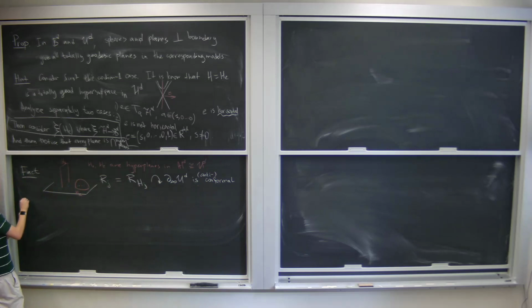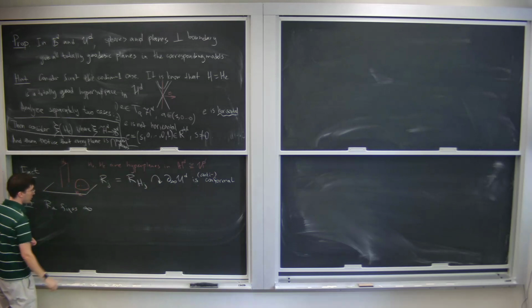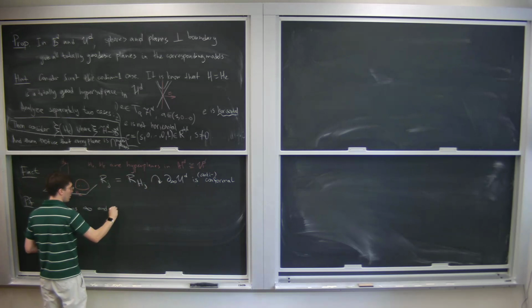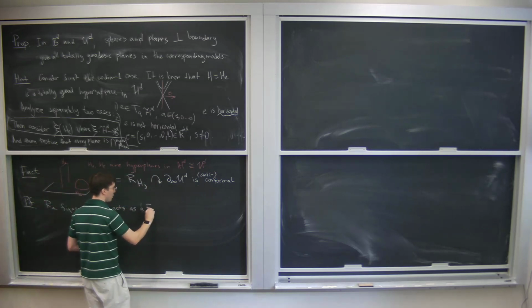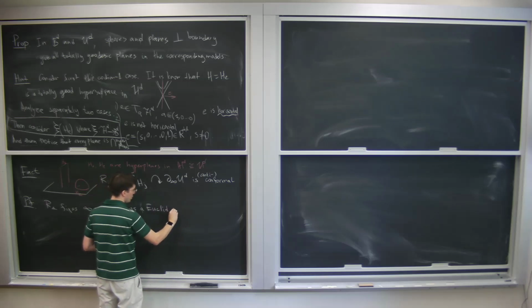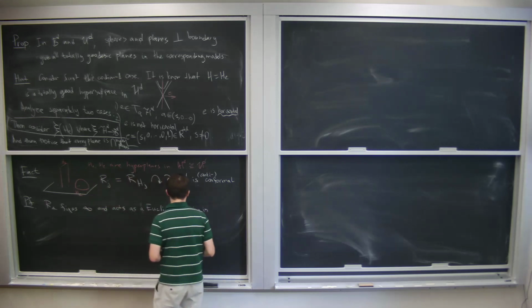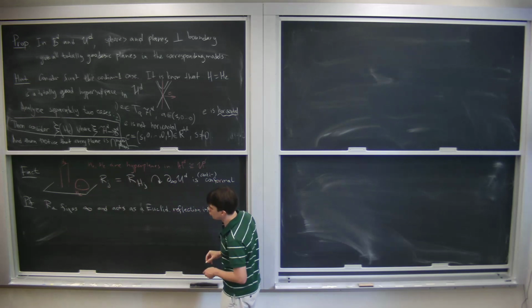Okay, it's kind of proof. R1 fixes infinity and acts as a Euclidean reflection in R^(d-1), which is just the boundary, right?